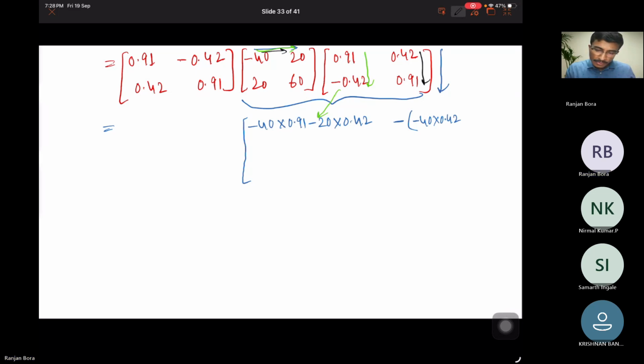Okay. Plus 20 into 0.91. And for the second element of the second row, I will multiply this second row with the first column. It will be minus here. 20 into 0.91.